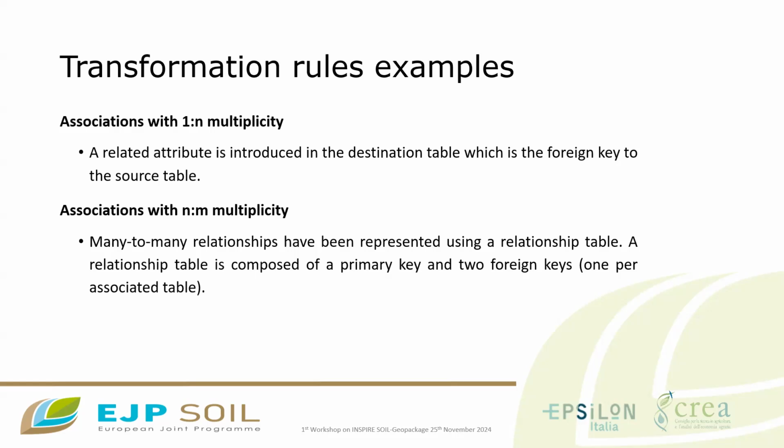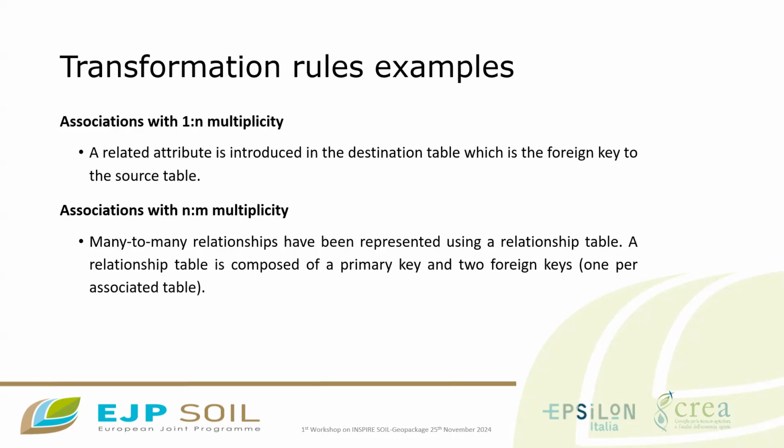We created a related attribute, with the name of the association, in the destination table. And this attribute is a foreign key to the source table. So the soil plot has an attribute, the one for the located-on association with the soil site, which contains a located-on attribute that is a foreign key to the soil site table.